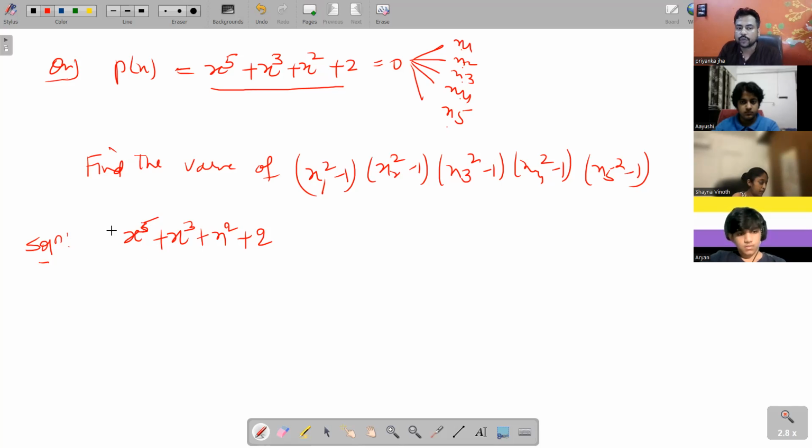Leading coefficient means the coefficient of the term having the highest power. So whatever would be the value here, that would be the leading coefficient. So here it is 1.